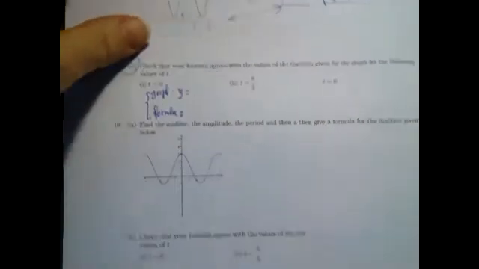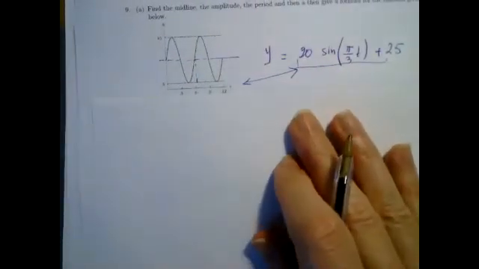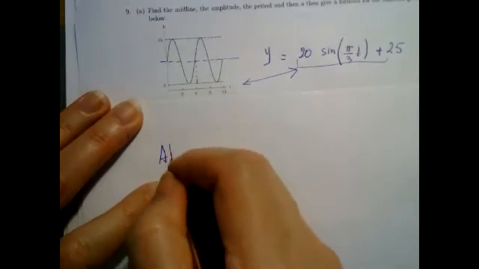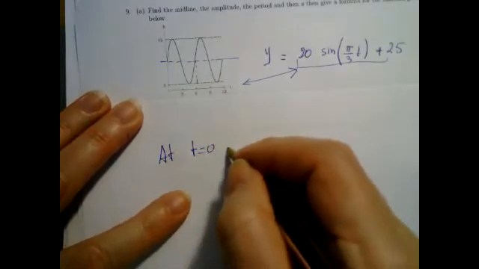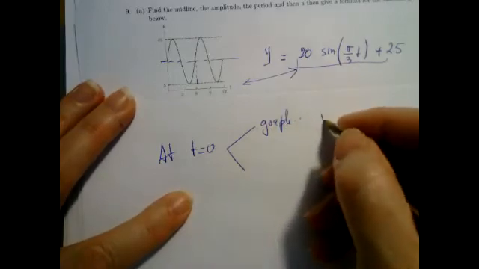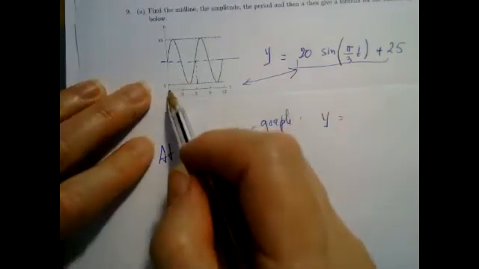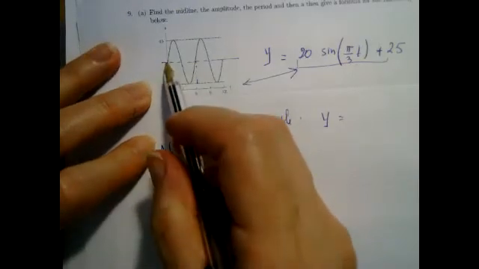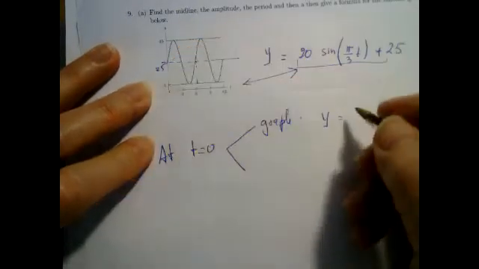Okay. This is the graph at t equal to 0. What does the graph give you? Should be 25. At t equal to 0, the graph gives you 25. She is absolutely correct.